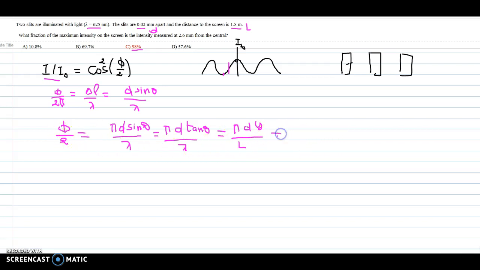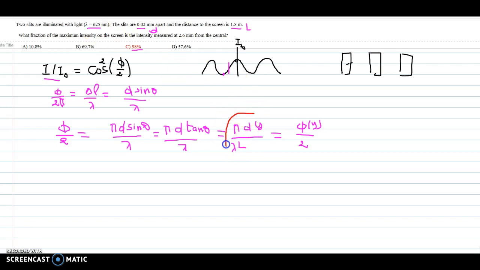I can write it like this. I missed lambda here. So this is like phi of y, so it's a function of y, over 2. Alright? So let's evaluate this term now.